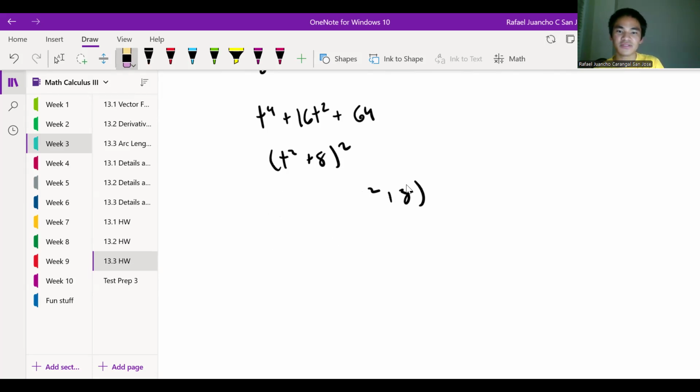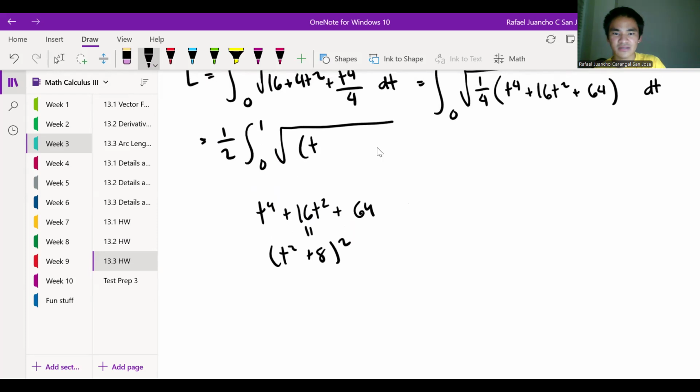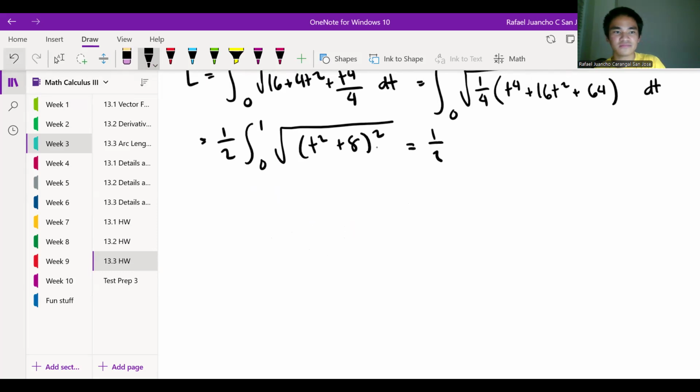Yeah, so this is the same as this thing. So algebra stuff. So we got t squared plus 8 squared. And now we can take out the square root. So I get 1/2 integral, and I get t squared plus 8. Done.